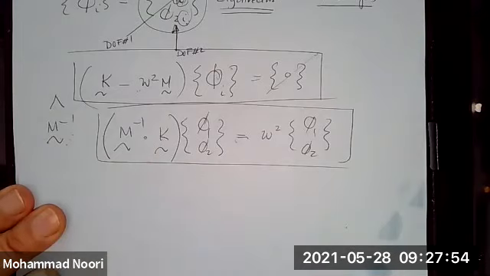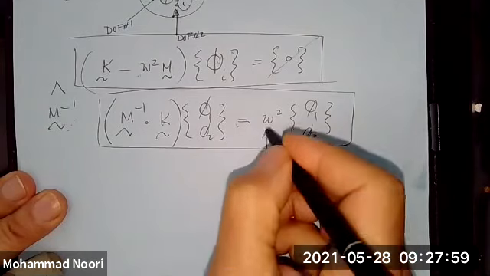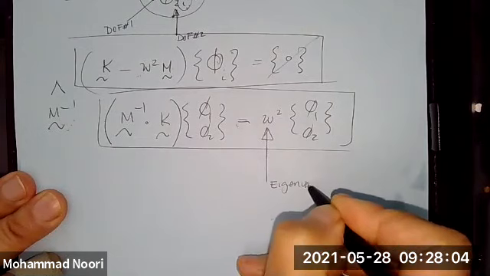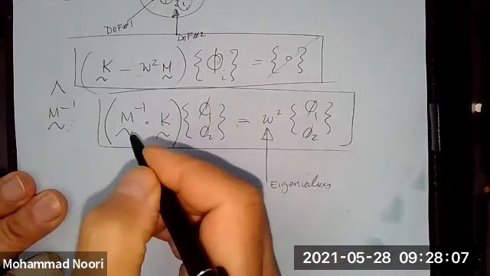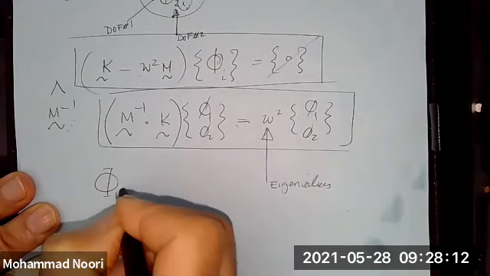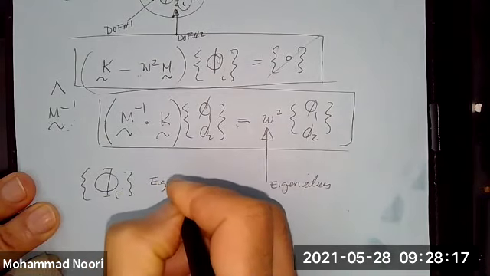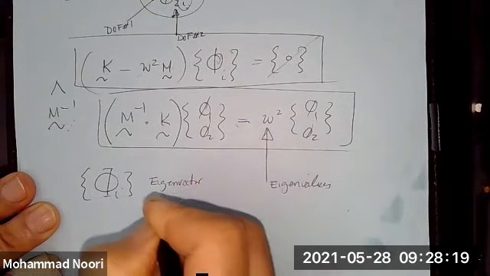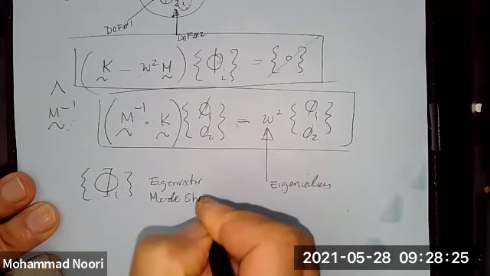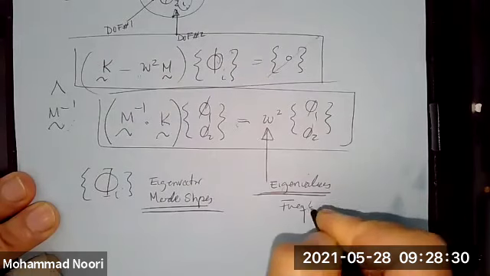In either form, no matter what, you remember omegas were, let me write it down again, eigenvalues. And this phi sub i is your eigenvector or mode shapes. And these are the frequencies, okay?